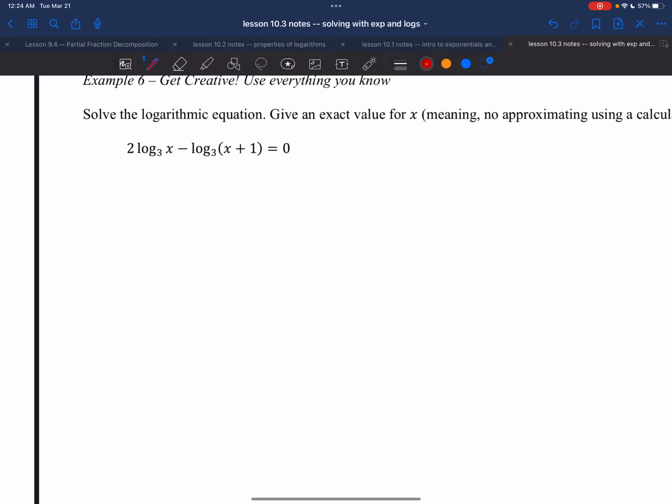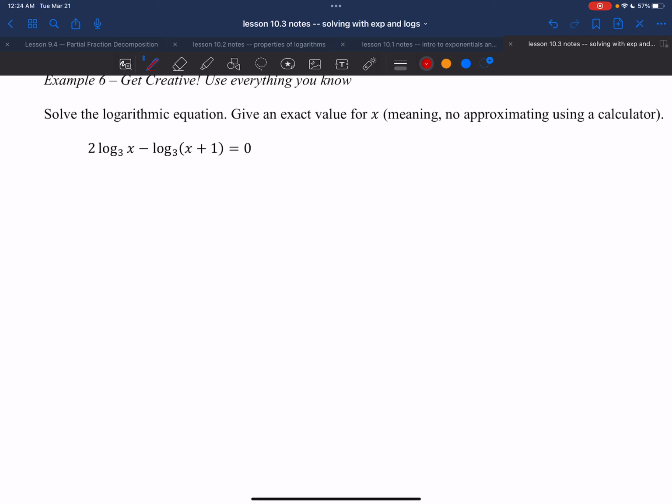Okay, I'm going to use logarithmic properties here to combine these logs. You see, I've got two logarithms, right? Log base 3 of x, log base 3 of x plus 1. So power rule says that this is log base 3 of x squared. This comes from the logarithmic power rule.